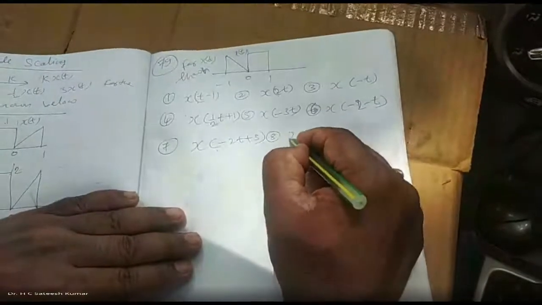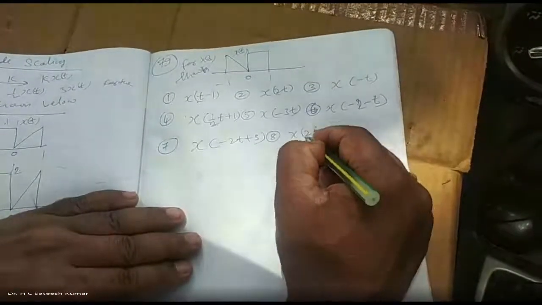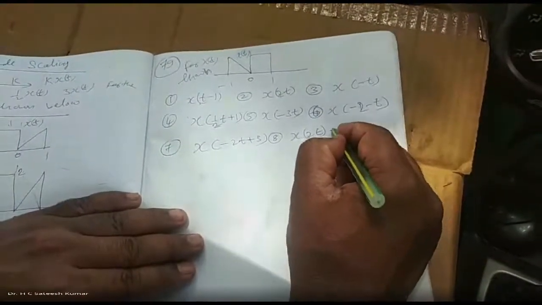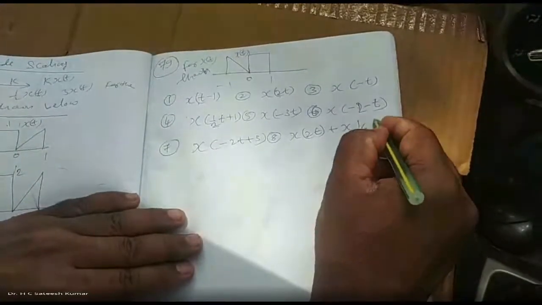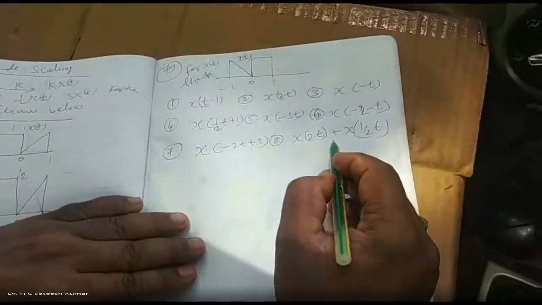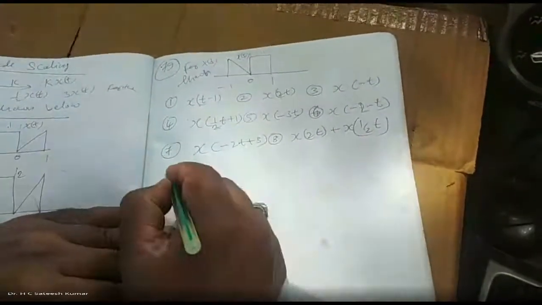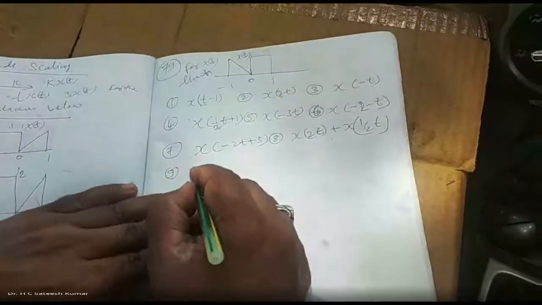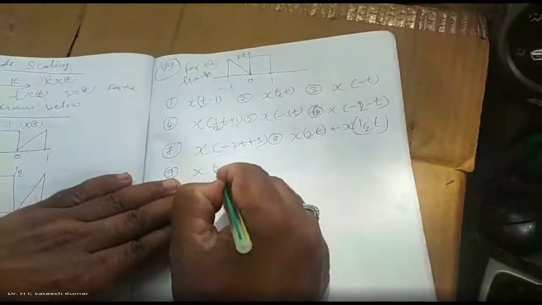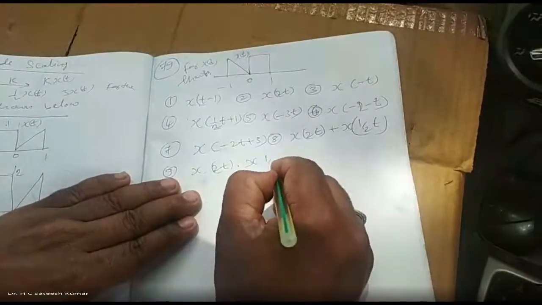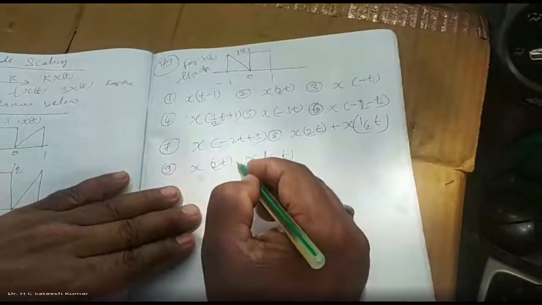Next, x of 2t plus x of half t. Here, addition of the two signals is there, plus scaling is there. Ninth one, x of 2t into x of half t. Multiplication is there, scaling is there.